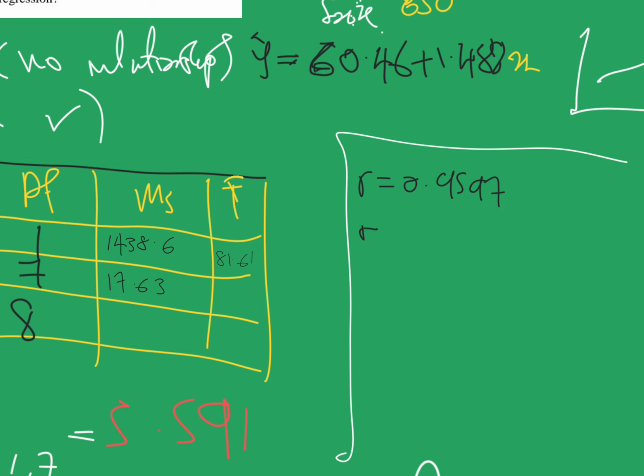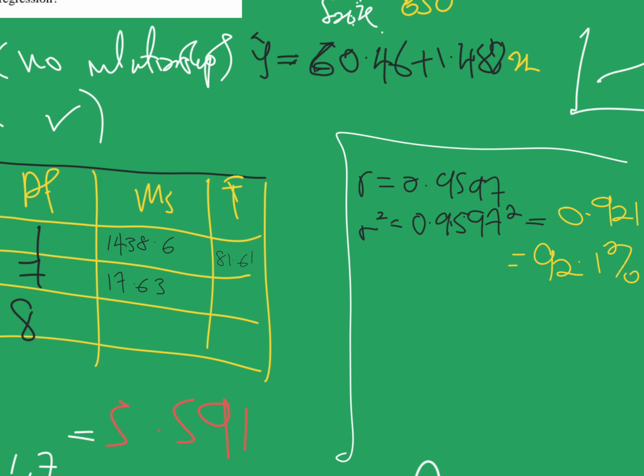So r squared is 0.9597 being squared, which will give us 0.921. In other words, r squared is usually presented in the form of percentage, 92.1%.